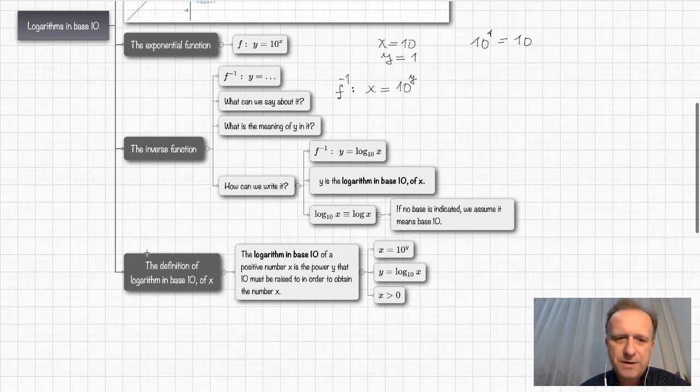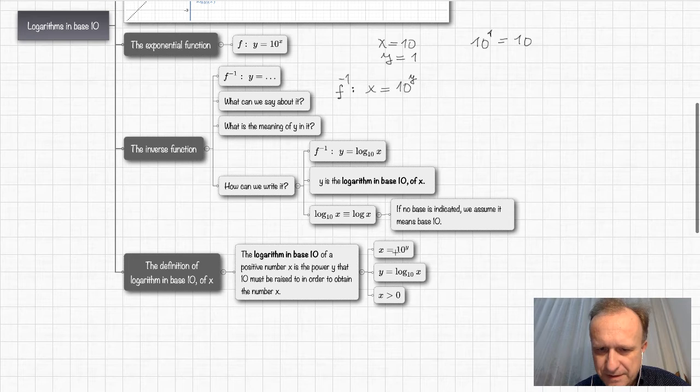Okay, now here comes the definition of the logarithm in base 10 of x, and you can copy that into your notebooks. So the logarithm in base 10 of a positive number x is the power y that 10 must be raised to in order to obtain the number x. Here we have the idea written down in formulae.